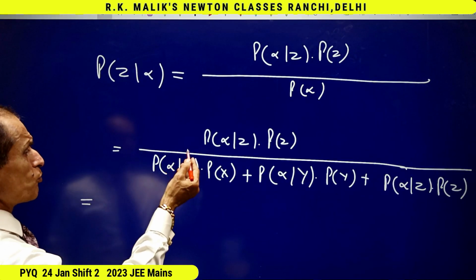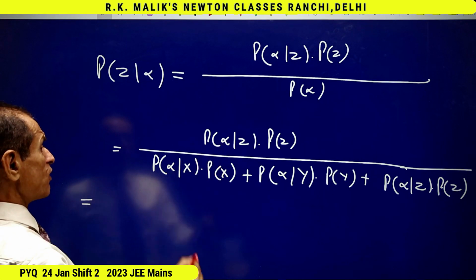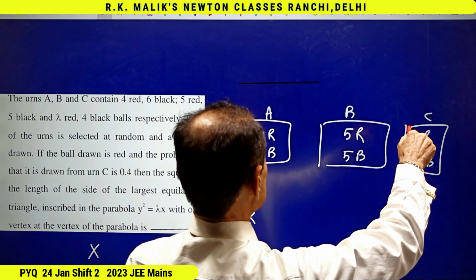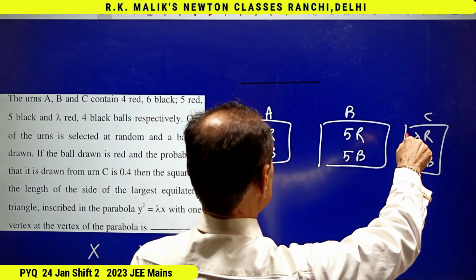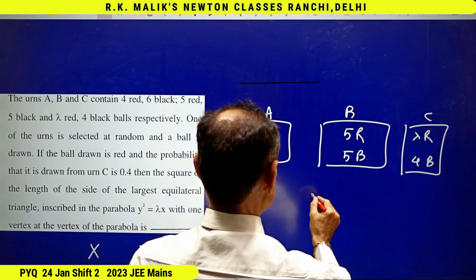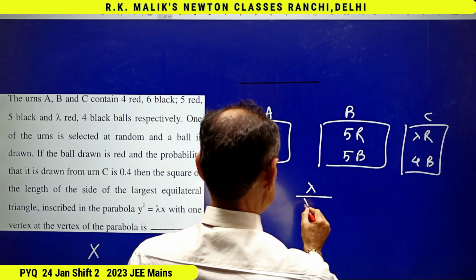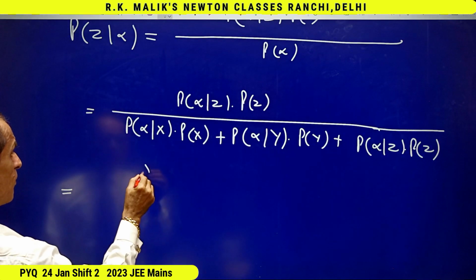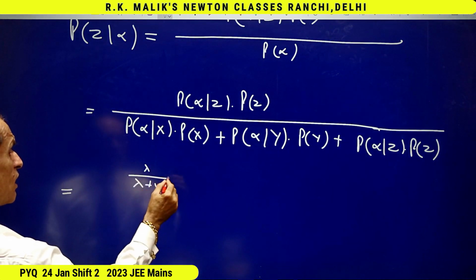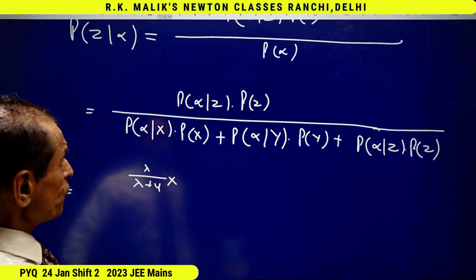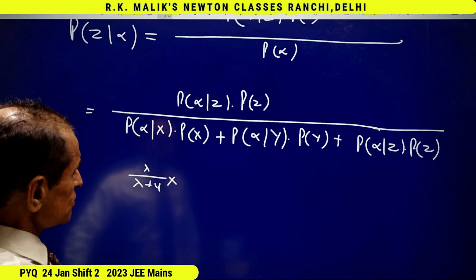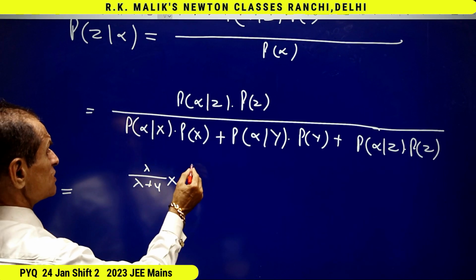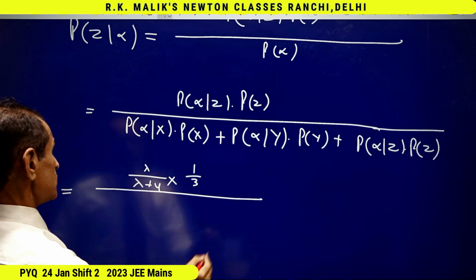And now I'm going to put in the values. Probability of alpha when Z has already happened means that we had selected the urn C, and we have to find the probability that the selected ball is red. Probability of this will clearly become lambda upon lambda plus 4, into probability of Z, that is the selected urn is C, and probability of selecting the urn C is clearly 1/3.